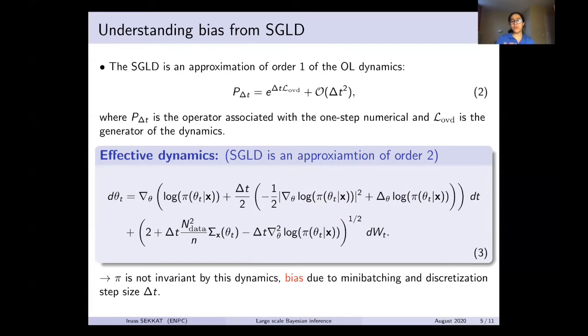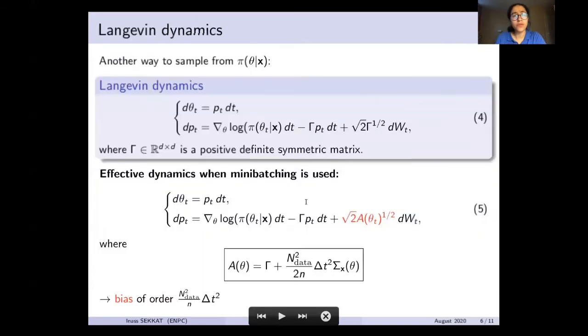However, following the approach of Li et al. in 2017, we can show that this dynamics is a better approximation, that SGLD is a better approximation for this dynamics, or in other words, it's an approximation of order 2. So as we can see, there is no reason for P to be invariant by this dynamics, which explains the bias due to mini-batching.